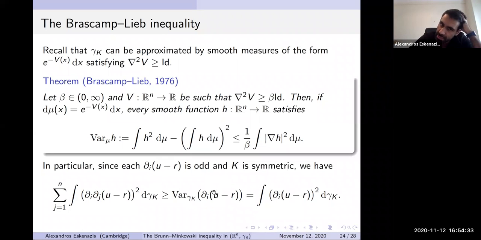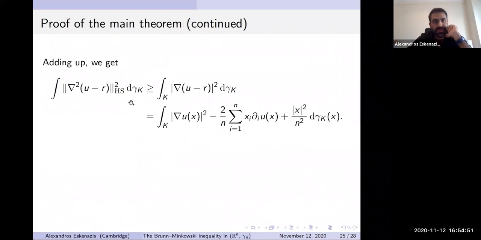So the variance, which is the integral of the function squared, is bounded above by the gradient of d_i, and the gradient of d_i is just the sum over j of d_i d_j. Okay, and then you're just going to sum up this quantity in i, i goes from 1 to n. So what you get is on the left hand side the sum over i and j, which is the Hessian squared of u minus r, is bounded below by the gradient of u minus r.